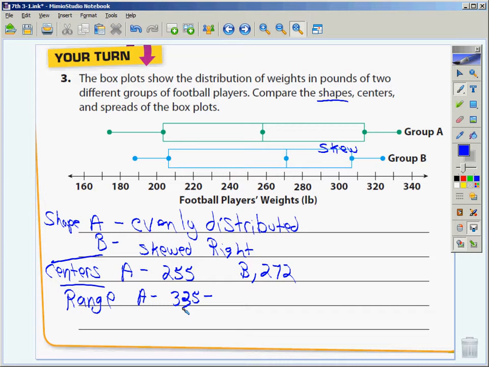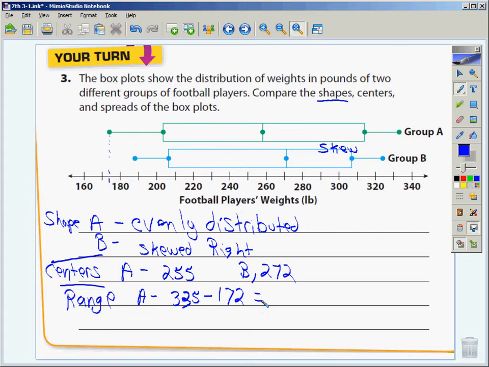What's the lowest in A? About 175. Probably 172. I'm going to use 172. How would I find the range? Somebody subtract them for me. 325 minus 172.